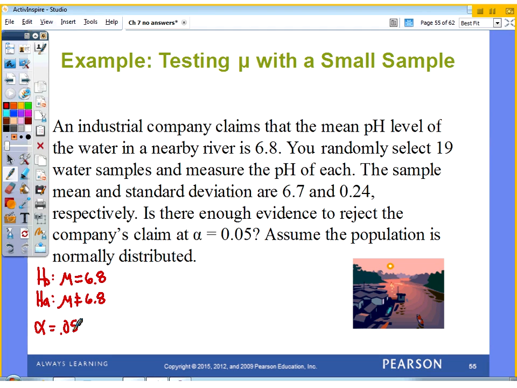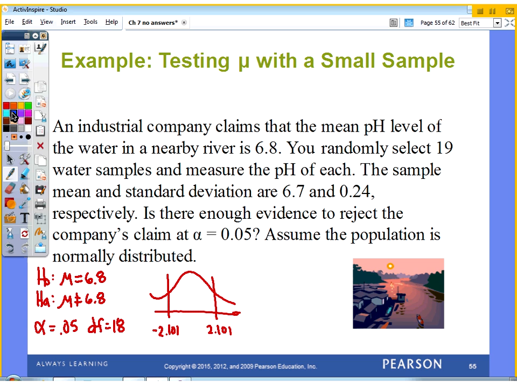Alpha, they said, was 0.05, and since our sample size was 19, the degrees of freedom would be 18. So drawing our t-distribution, looking at your alternative hypothesis, it is two-tailed. So you're going to your t-table, looking underneath two-tailed, alpha equal to 0.05, degrees of freedom of 18, you should get your critical values to be negative 2.101 and positive 2.101.